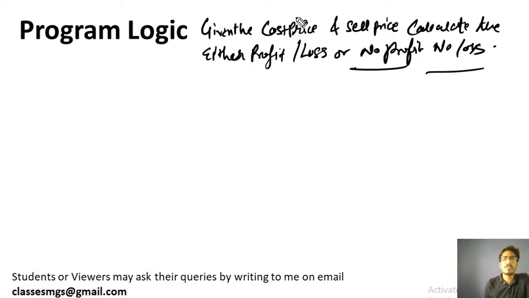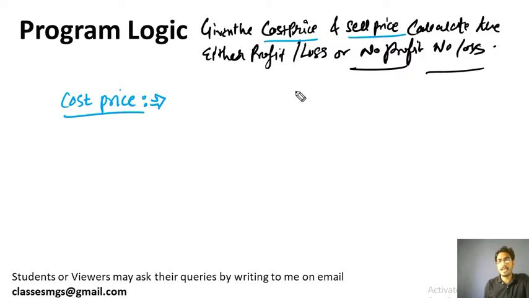To understand this problem, you first need to understand what is selling price and what is cost price. Cost price is the price at which we purchase the goods from someone else.